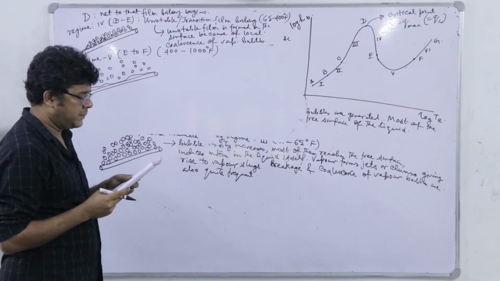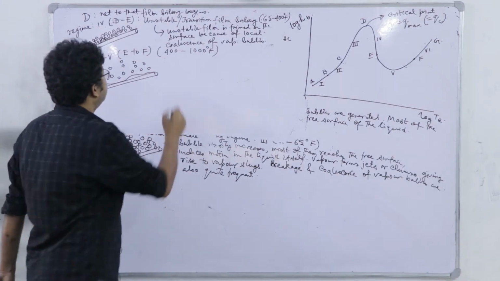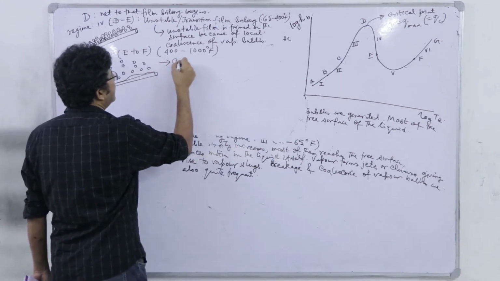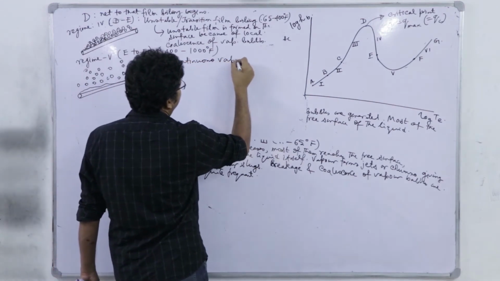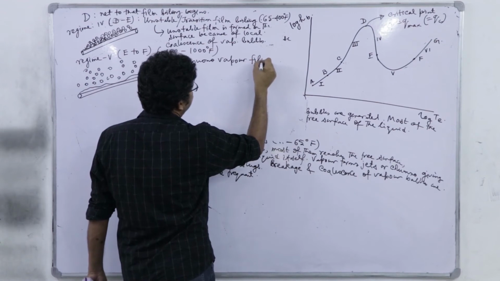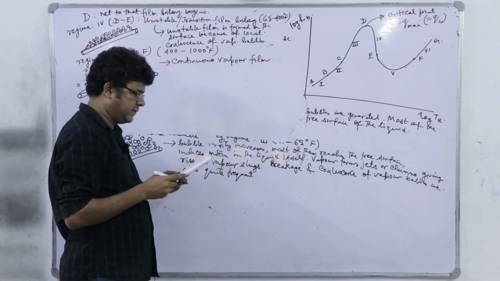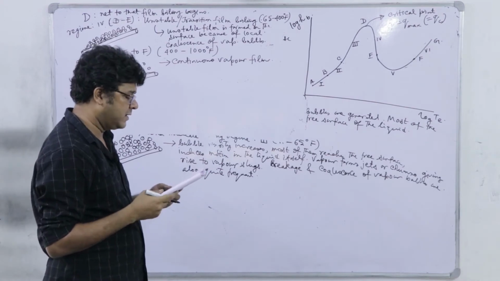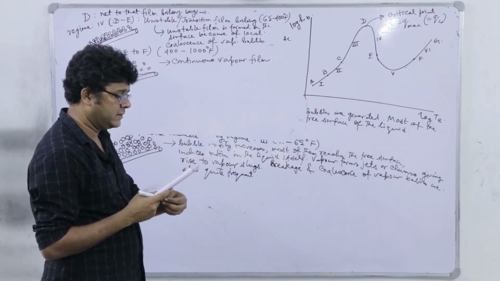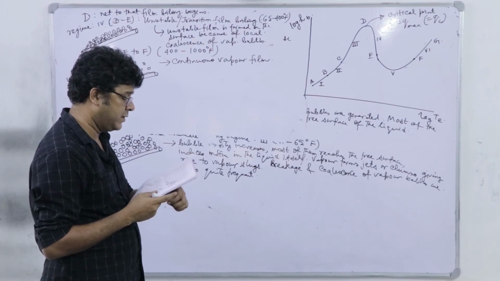Continuous vapor film always blankets the heating surface, which is stable at the same time. The surface heat flux decreases significantly, although the excess temperature may be as high as a few hundred degrees.